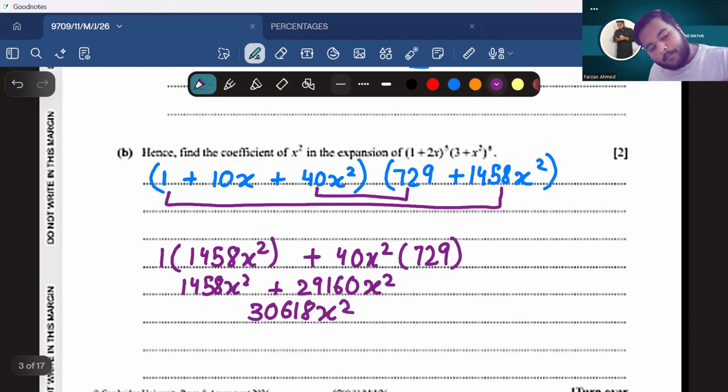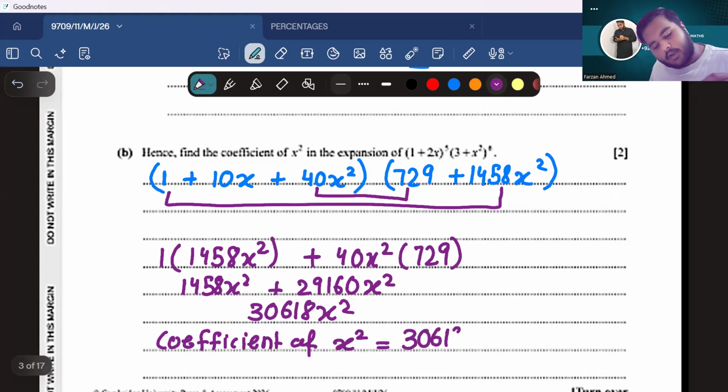So the coefficient of x square is equal to 30618.